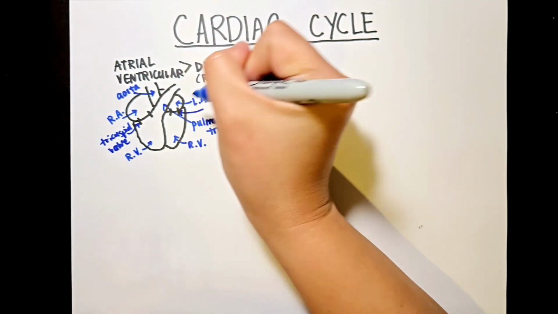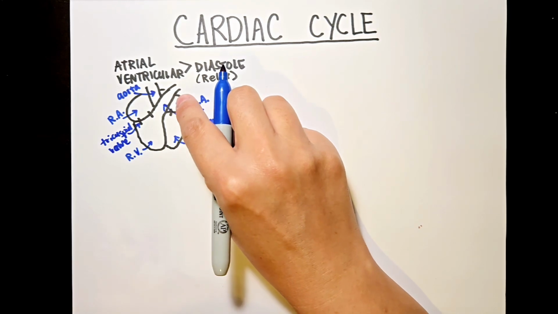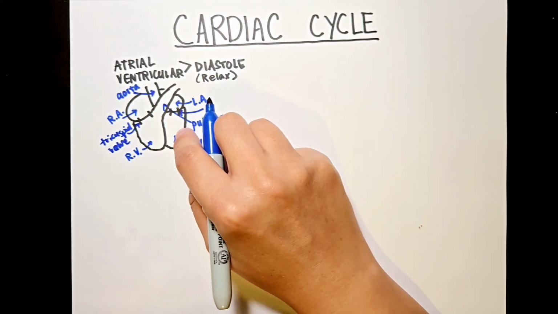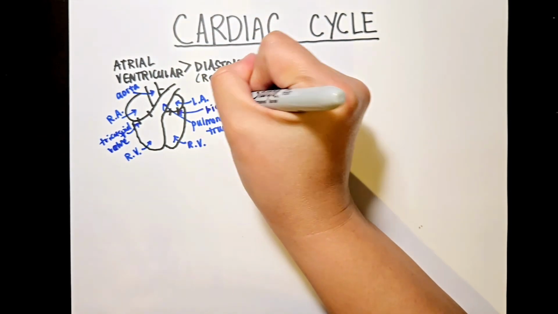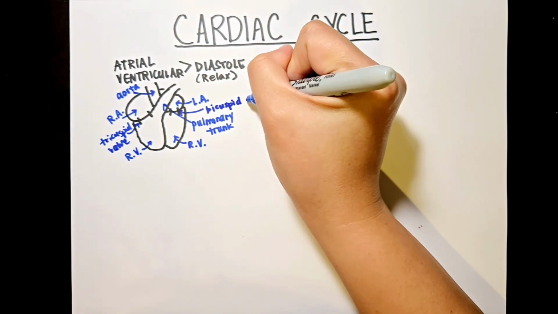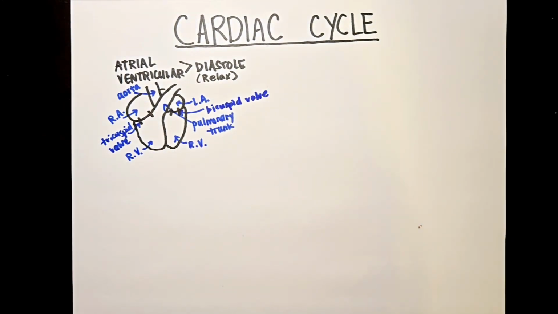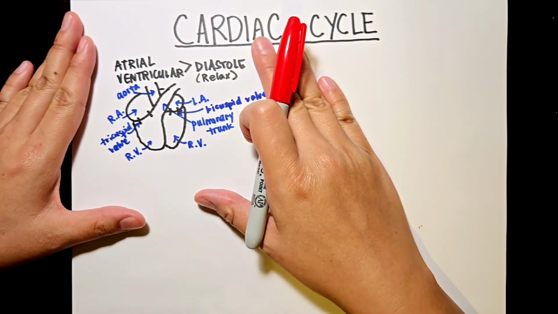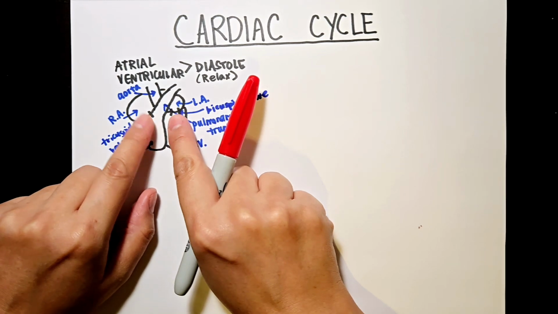This one right here, on the left side of the heart, between the left atrium and the left ventricle, is then the bicuspid valve, or also called the mitral valve.